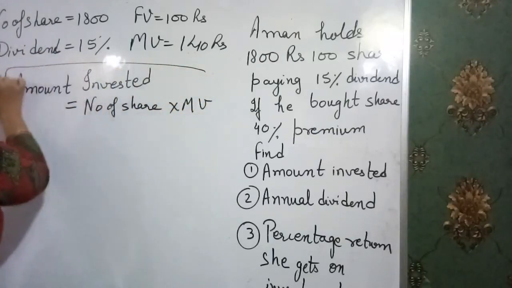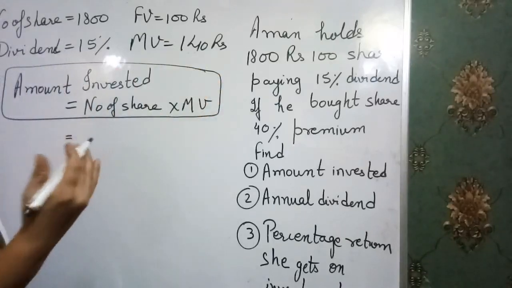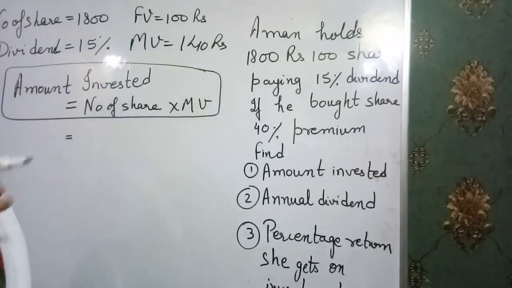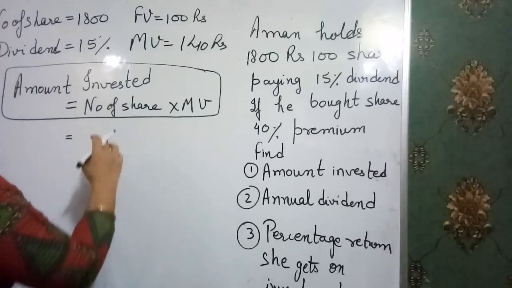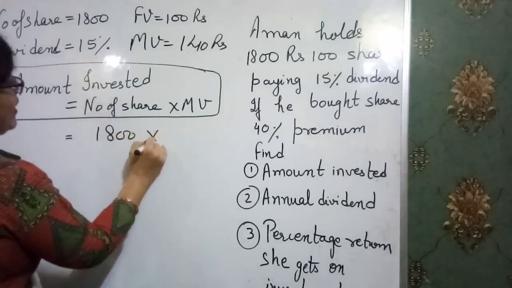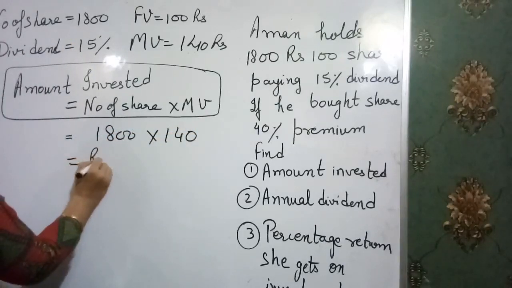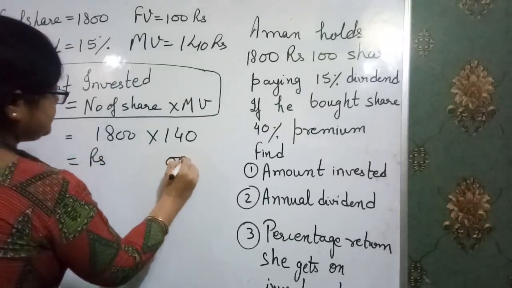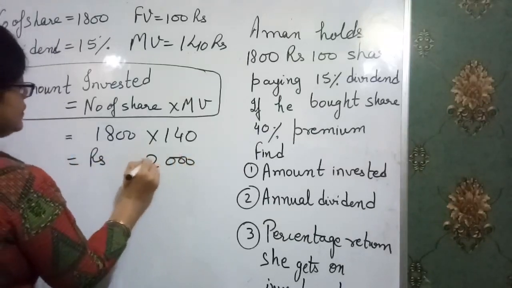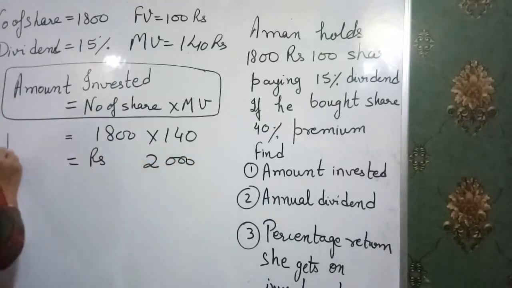Just memorize this formula and note it down in your notebook. For further questions, you can try some more questions from your textbooks. Now the number of shares is 1800 and the market value is 140. Clear? Now you just multiply both the terms. That means rupees, you just multiply it, 18 into 40.